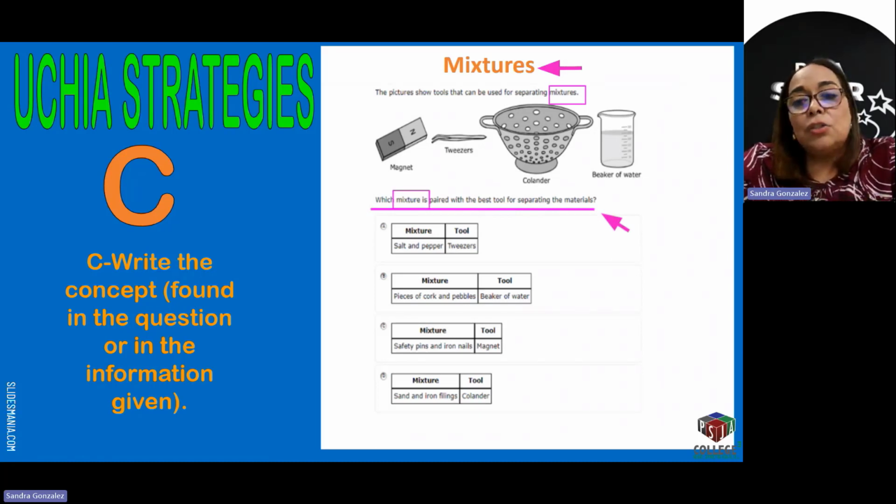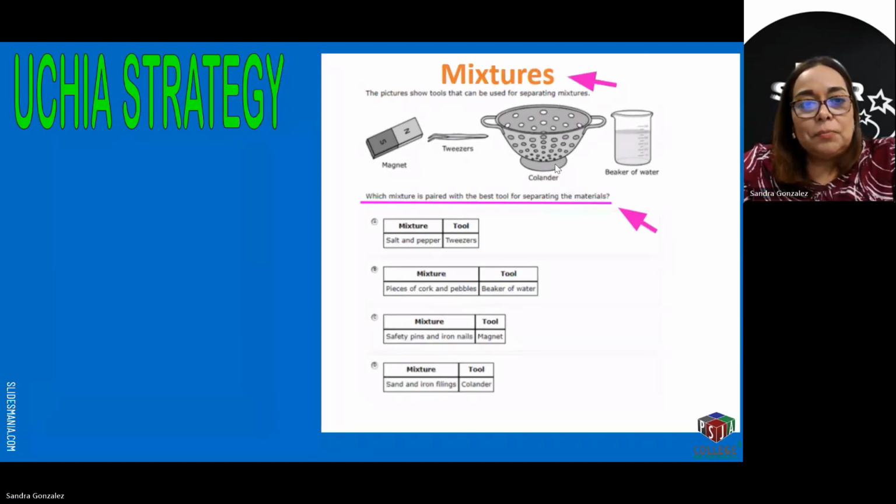This isn't true most of the time, but sometimes you can connect to the concept or the vocabulary we're repeating multiple times. Plus, if we look at our pictures, here we have a magnet, tweezers, this colander, and the beaker with water. We can see that we have the mixtures.